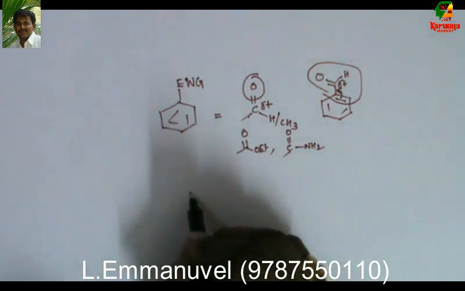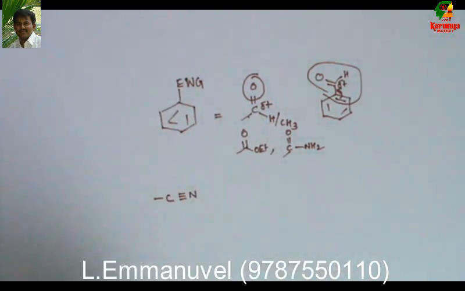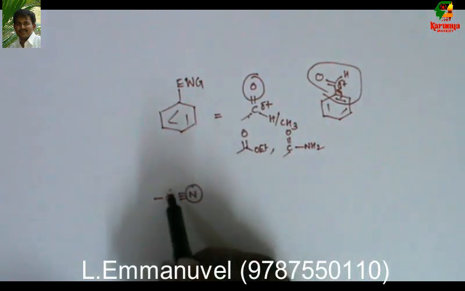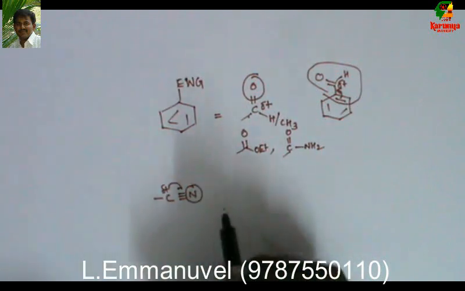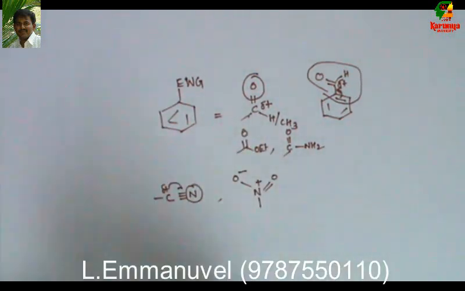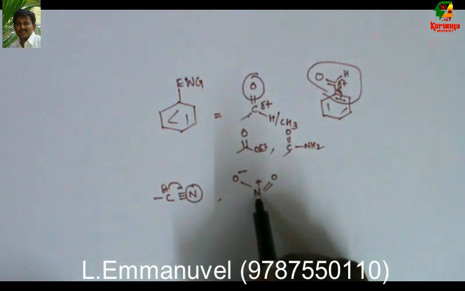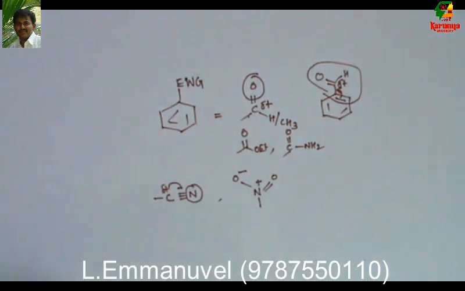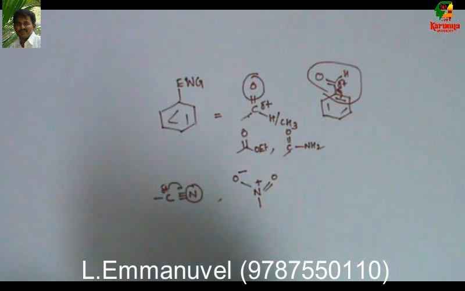In addition to that, we have also the nitrile group. Because of this more electronegative atom, there is del plus here. One more group is nitro. Because of the positive charge on this atom, the electron will be pulled from the ring.